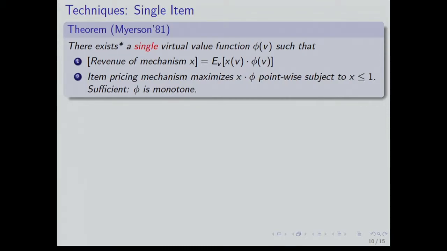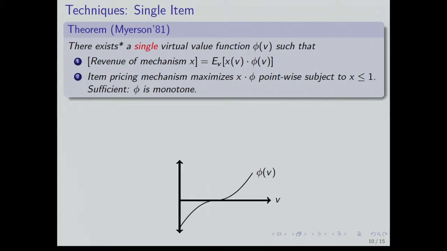Important property number two is that if you look at the allocation of the pricing mechanism, it in fact optimizes this virtual surplus pointwise, even if you relax all the incentive compatibility constraints. So what do I need for this to hold, that the item pricing maximizes x times phi? It's enough that phi is monotone.